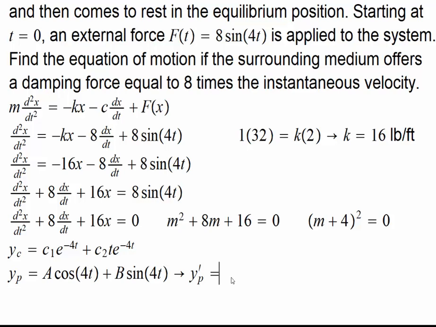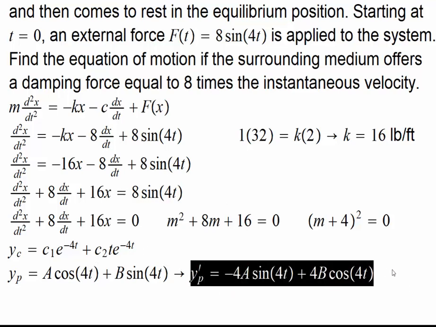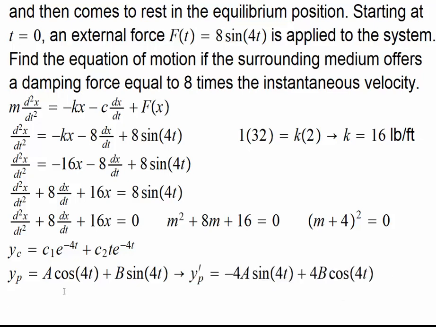When we differentiate cosine of 4t, what will we get by the chain rule? Negative 4 sine of 4t. And likewise, the derivative of sine of 4t would be 4 cosine of 4t, again by the application of the chain rule. And when we go to obtain the second derivative, let's do that right here.